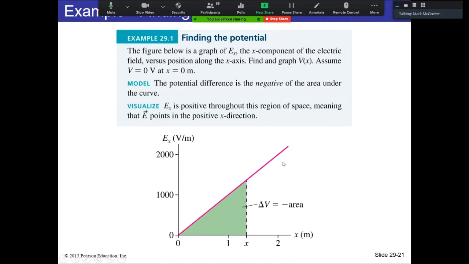So let's just start doing some examples here. We are given an electric field graph. So for whatever reason, our electric field is going to increase linearly. Which we've seen that, right?